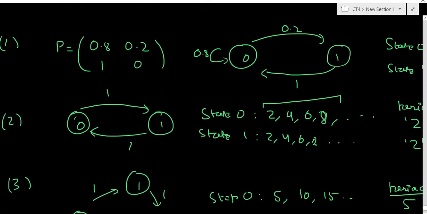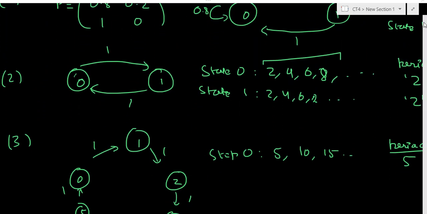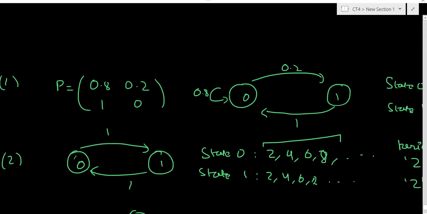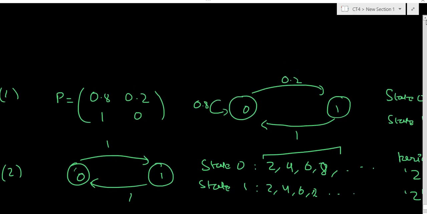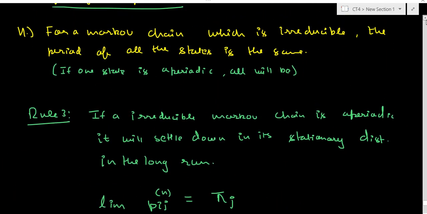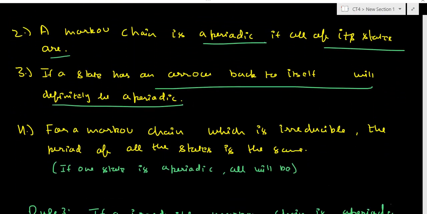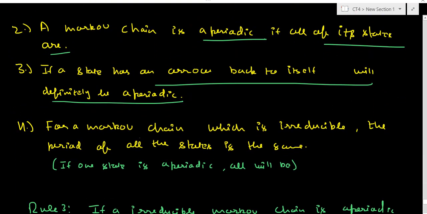If you see the first one carefully, here 0 has an arrow back to itself, so you can come back to 0 after any number of steps: 1, 2, 3, 4, 5, 6, 7, 8, whatever number of steps you want. So a state which has an arrow back to itself is always aperiodic.